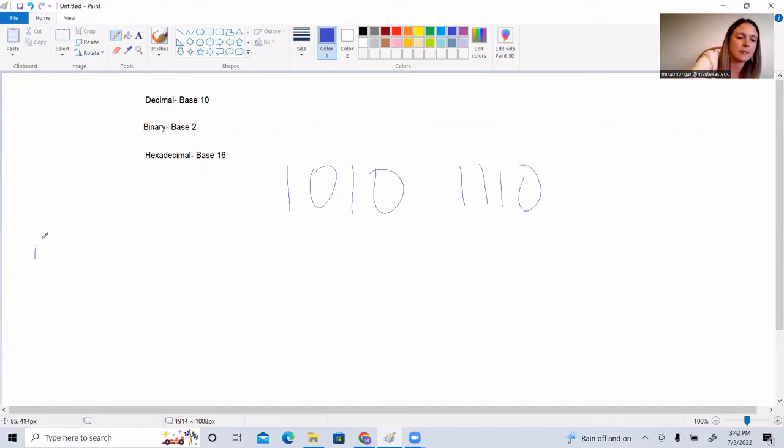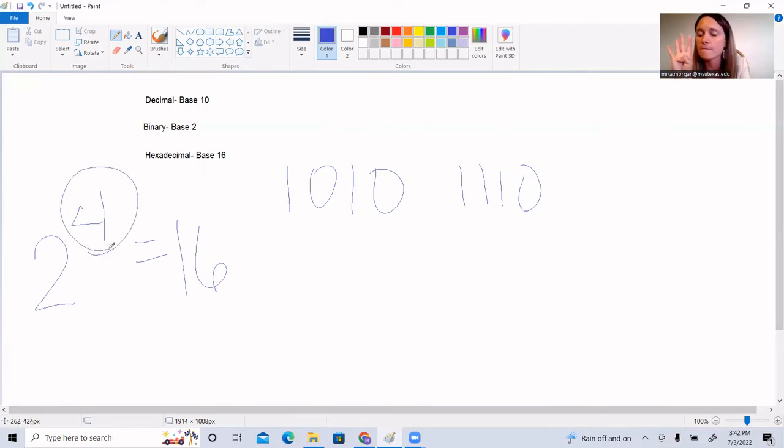Look at how easy it is. We are going to remember that if I'm going from binary, base 2, to hexadecimal, base 16, I'm going to do so in groupings of 4. Here is a grouping of 4. Here is a grouping of 4. I only consider these 4 digits at a time.